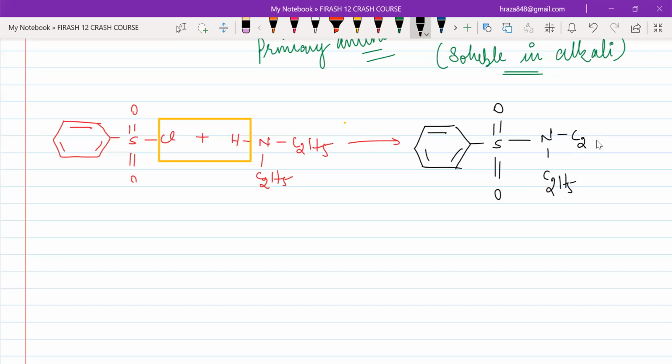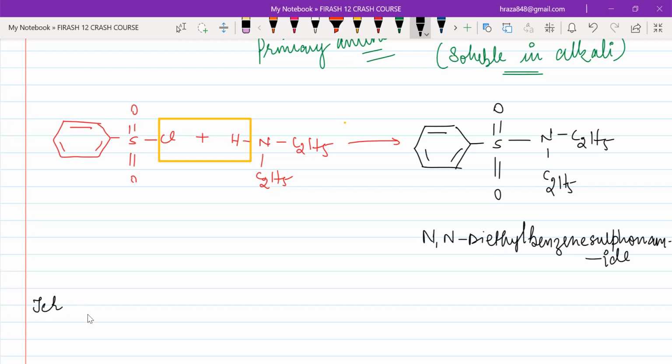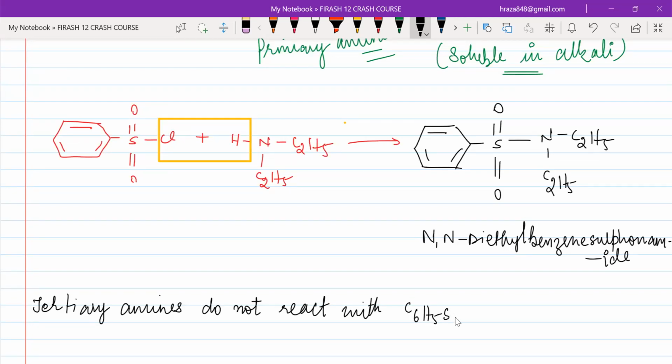The name is N,N-diethyl benzene sulfonamide. So tertiary amines do not react with benzene sulfonyl chloride.